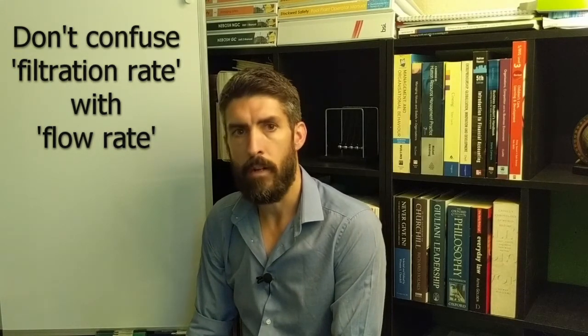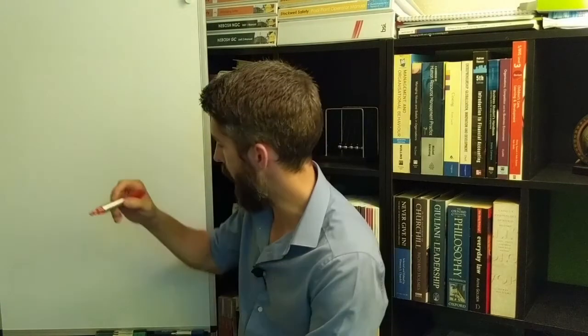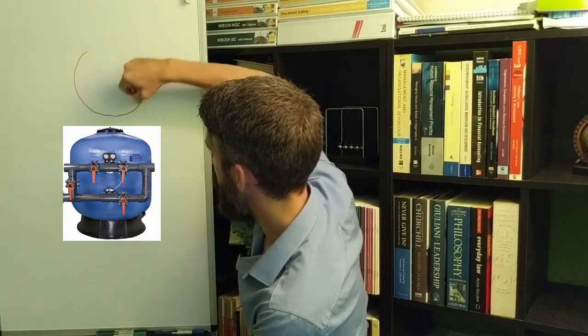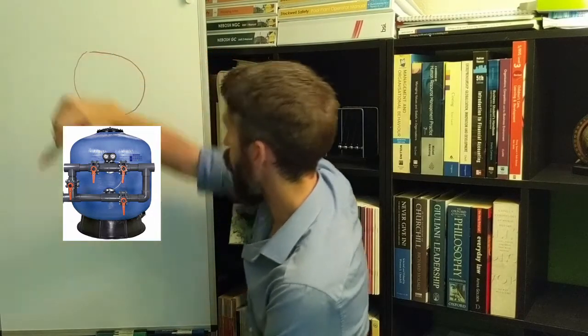So the first step in working out your filtration rate is to work out the surface area of your filters. To do that, imagine that you're looking at the filters from a bird's eye view. So you're looking straight down, and what you've essentially got is a circle.